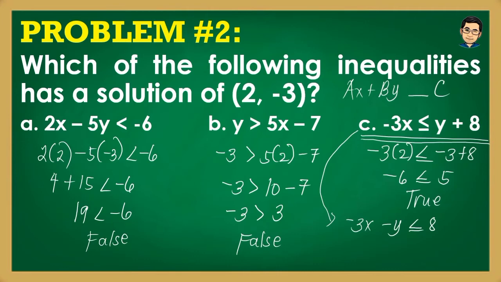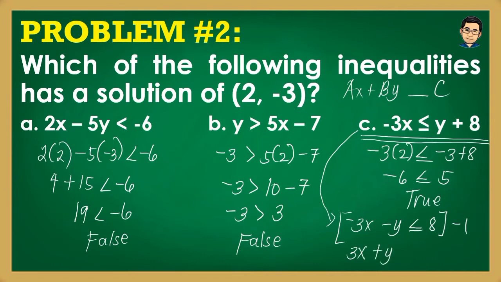And then, since yung numerical coefficient ng x is negative, we have to multiply the whole inequality by -1 or pwede rin namang i-divide. So, ang magiging sagot natin dito, that is 3x plus y.